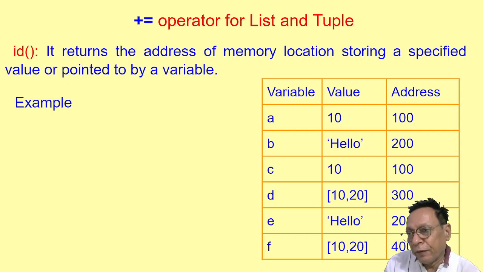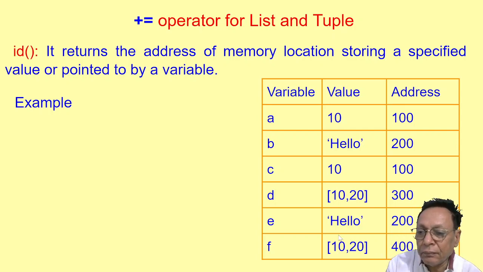And if there is another variable E holding the same string, its address location should be the same, so the ID should be the same. Over here, the ID of E is 200 and the ID of B is also 200.